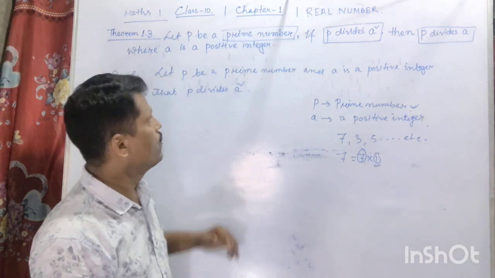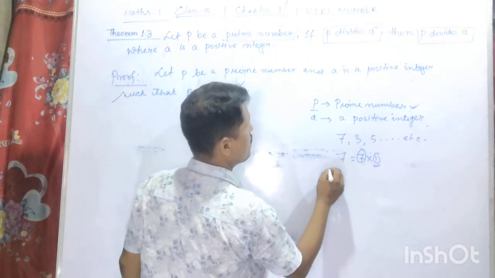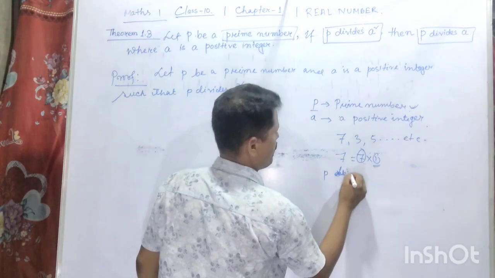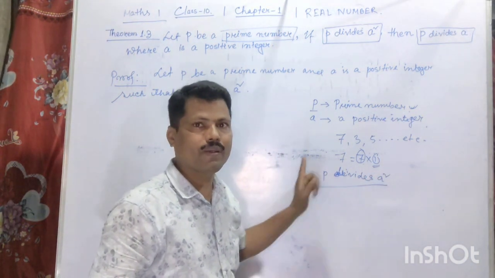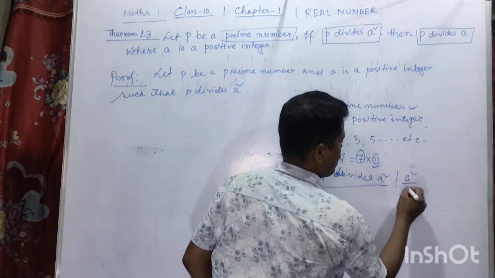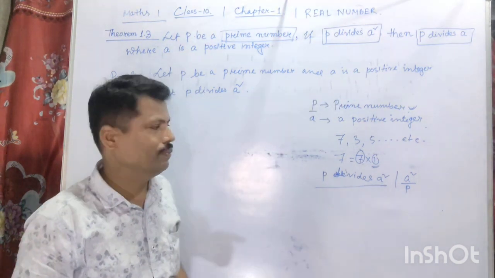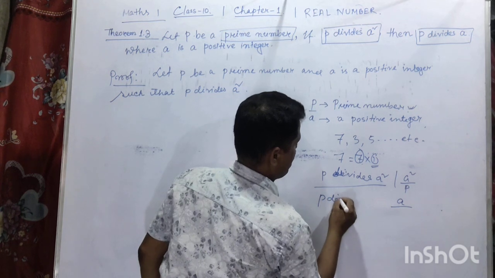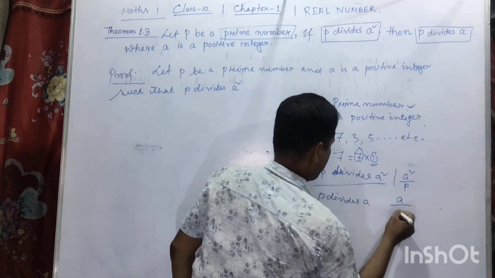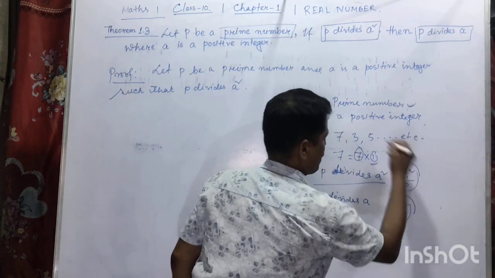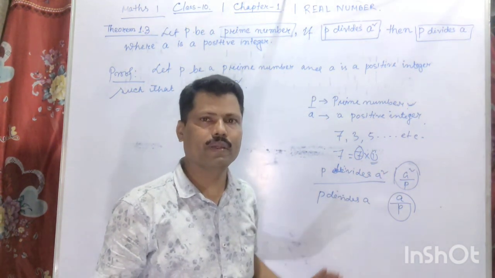So we have to show here, if P divides a square, this means a square is divisible by P. At that time we have to show P divides A. That means A is exactly divisible by P. If a square is divisible by P, then A is divisible by P. We have to prove this.